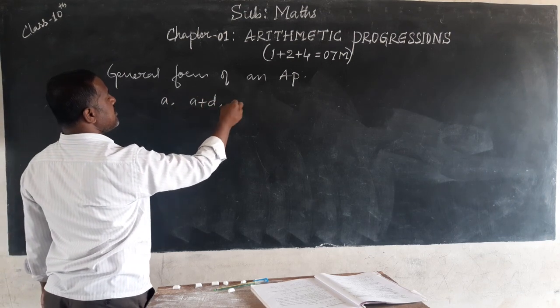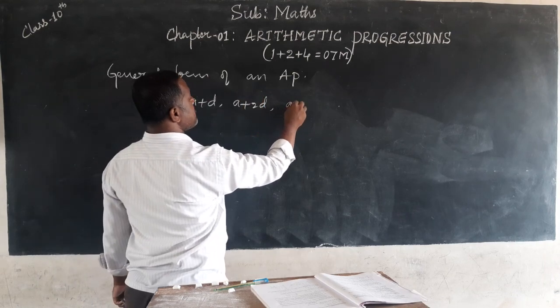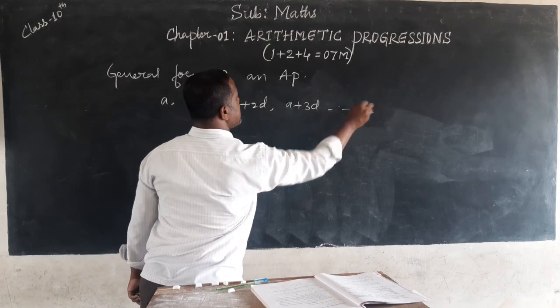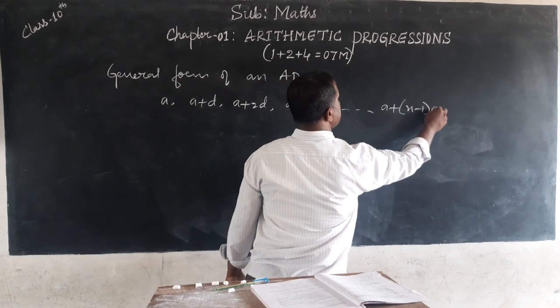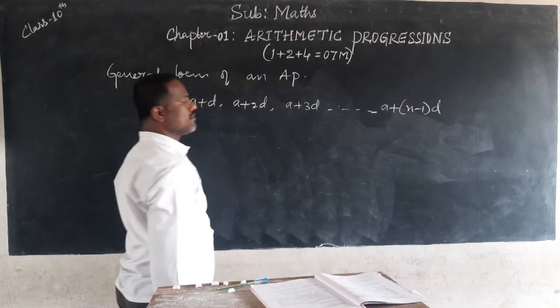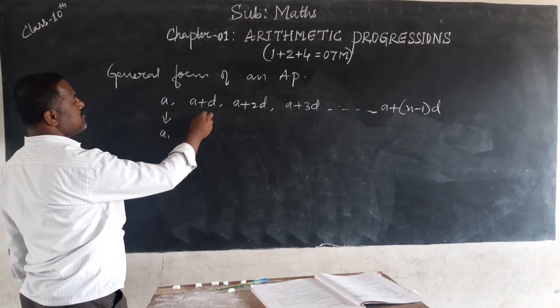As we know, the general form of an AP is a, a plus d, a plus 2d, a plus 3d, dot dot dot, a plus (n minus 1) into d. See students, this is what we call the first term.